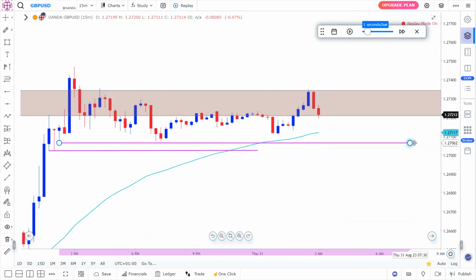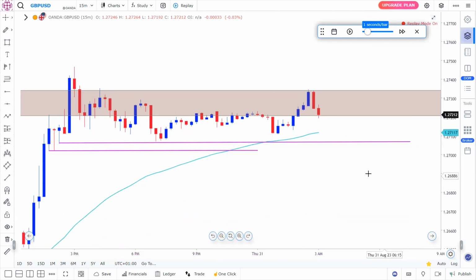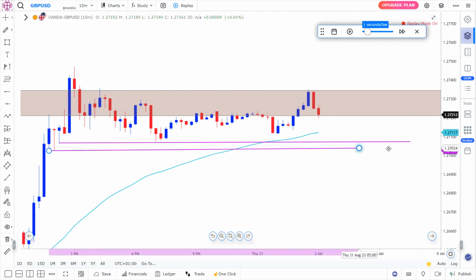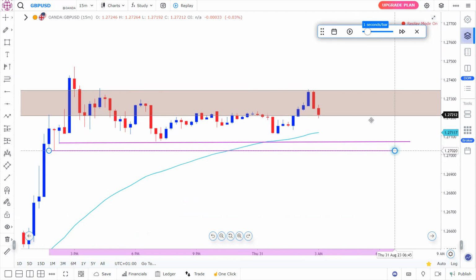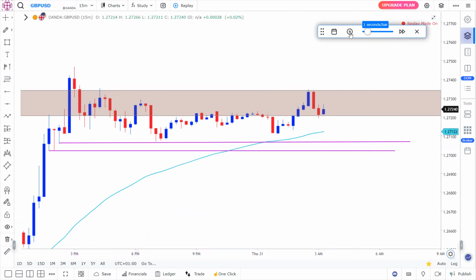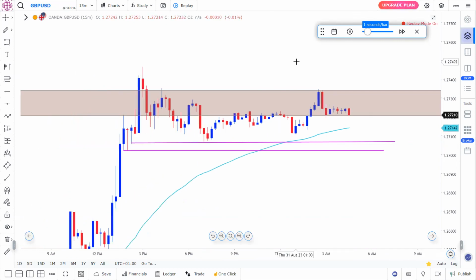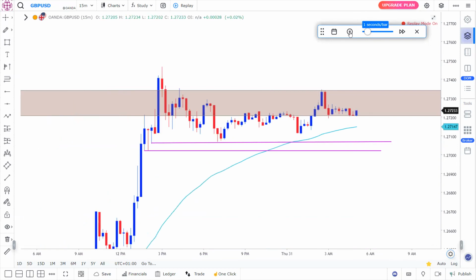We're still trading above this level, the 15 minutes time frame higher low level.